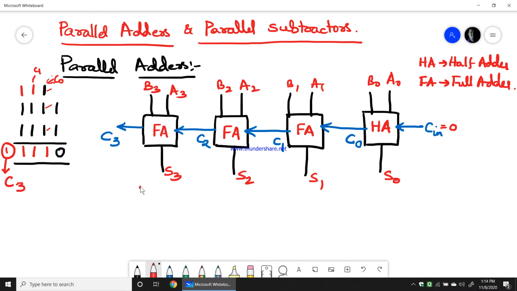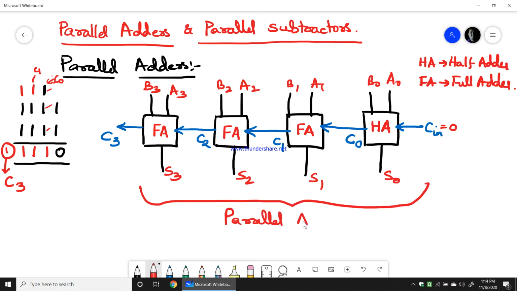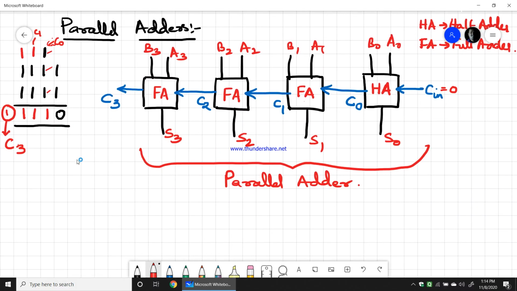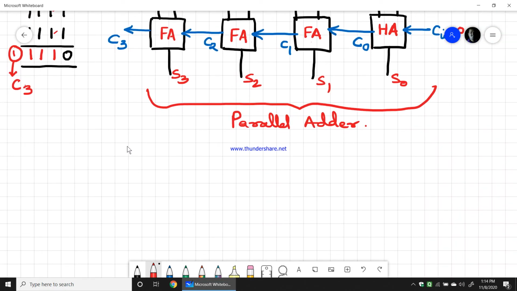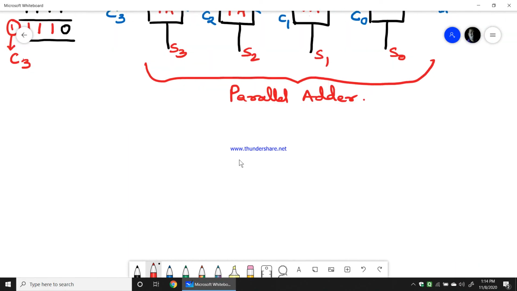Now this overall block diagram that you see is nothing but a parallel adder. Okay, this is the block. What you can see is addition of 4 bits, which now behaves as a parallel adder. Now let us see how to design the same parallel adder using 7483.